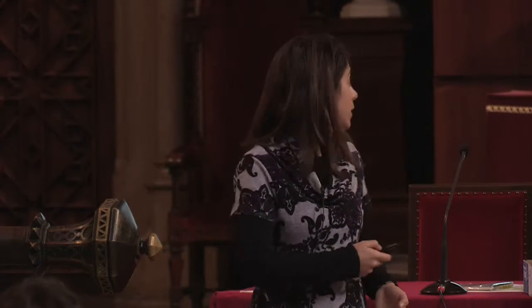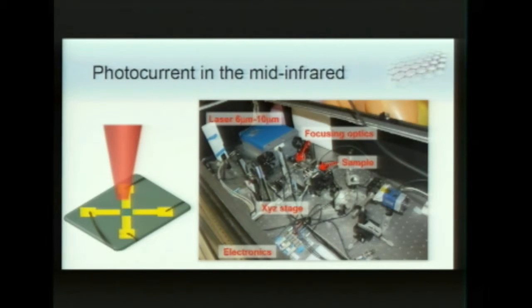So this is our main motivation, and in order to investigate the possibility of using graphene for making infrared detectors, we built a setup where we can measure the current that is generated when we shine mid-infrared light on top of our graphene sample.